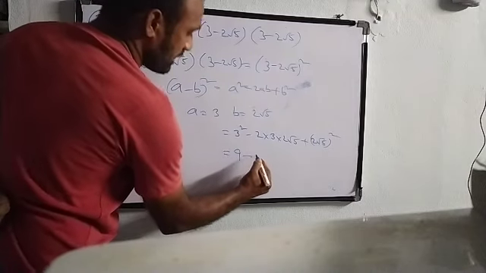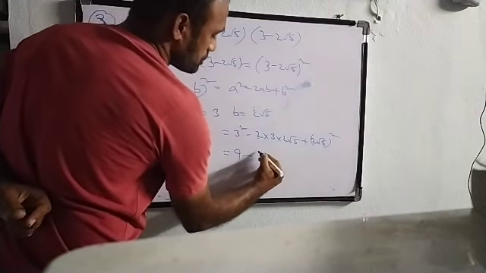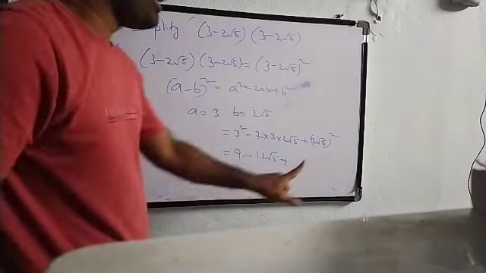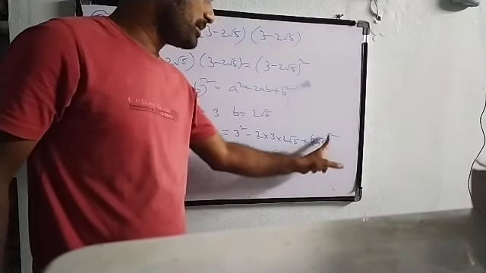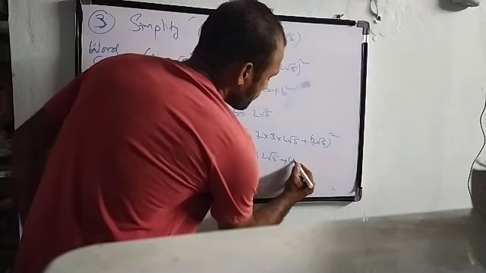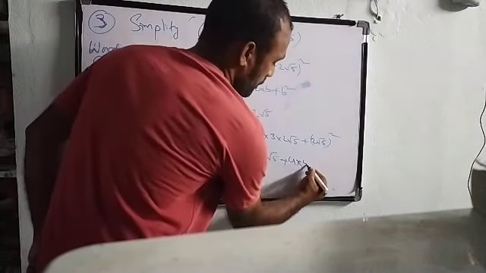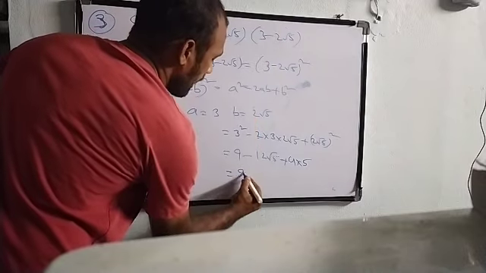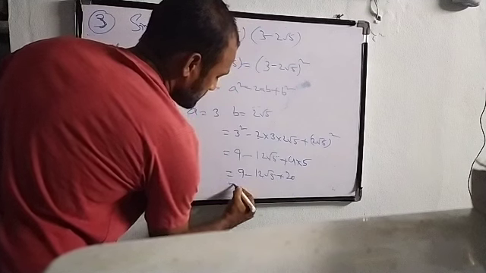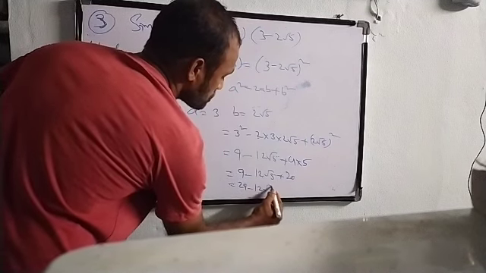So 3 square is 9, minus 2 threes are 6, 2 sixes are 12, root 5, plus, now here a root number and a normal number square is there, means first you do the square of the normal number. 2 square will be 4 into root 5 square will be normal 5. So 9 minus 12 root 5 plus 20, 20 plus 9 is 29, 29 minus 12 root 5.